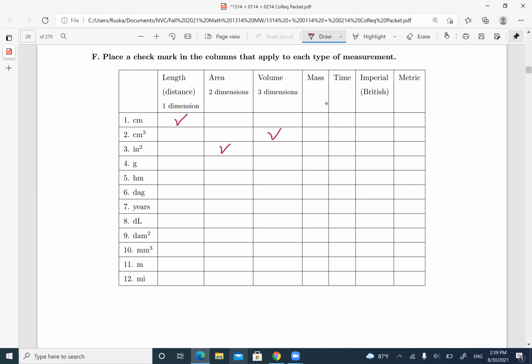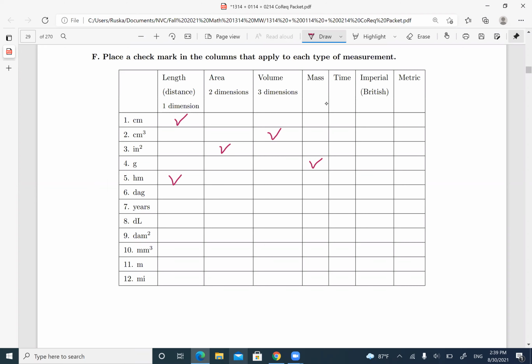Now, gram, what are you measuring with gram? Mass, right? You're weighing it, how many grams? Now, the next one is hectometer. What is that? Like centimeter, hectometer. That's metric length also, that's right, good job.